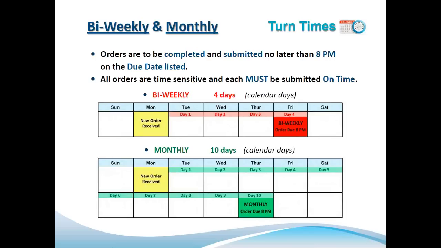For the monthly inspection report, the vendors are provided with a 10 calendar day due date. For example, if an order were received on a Monday, the vendor would have until the following Thursday at 8 p.m. to have the order completed and submitted. Vector Field Services encourages all vendors to complete and submit their orders as soon as possible after receiving them.